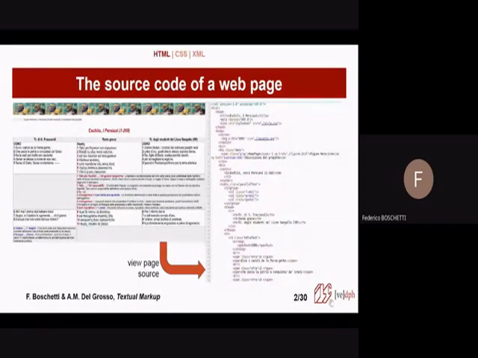So it's enough, for example, to click the right button of your mouse in order to see the page source, which is constituted by these kinds of codes that you see on the right side of the page.